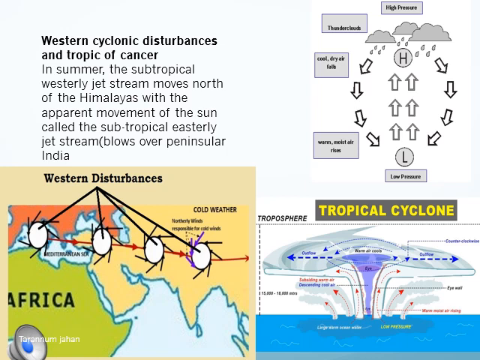So the land gets hot earlier and also cools down earlier, whereas the water takes time to get hot and also to cool. So this affects the cyclone.